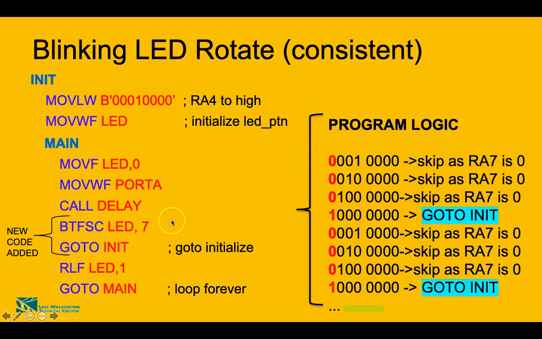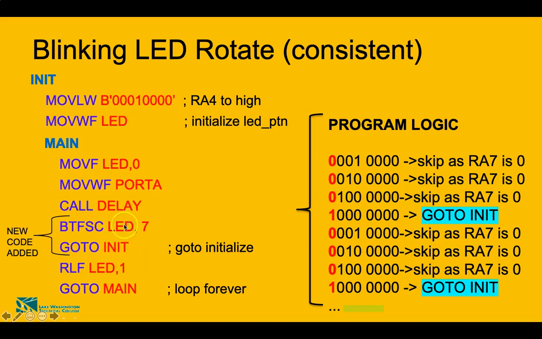I have shown here on the right-hand side an 8-bit number, which corresponds to your LEDs. You know that this is starting from RA0 to RA7. RA4 is right now turned on, and this is RA7, which means the 7th bit.